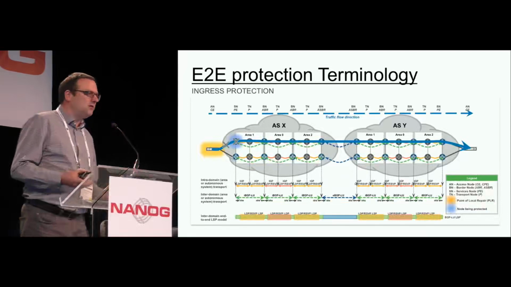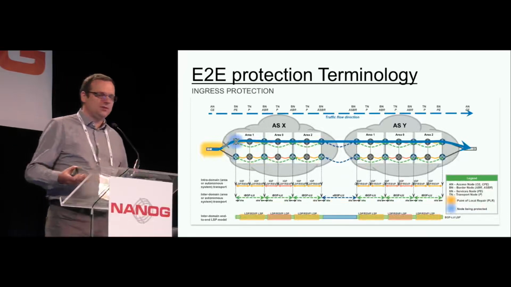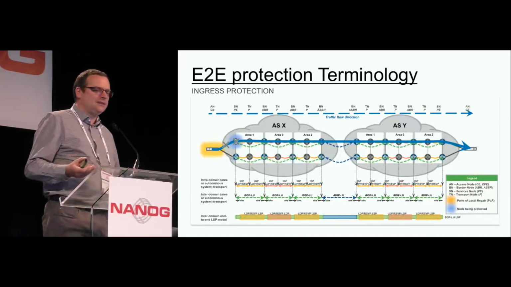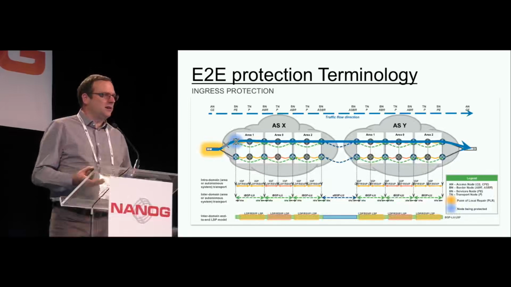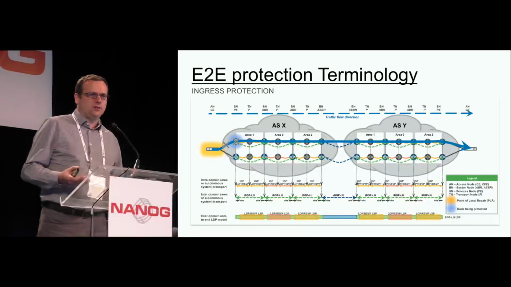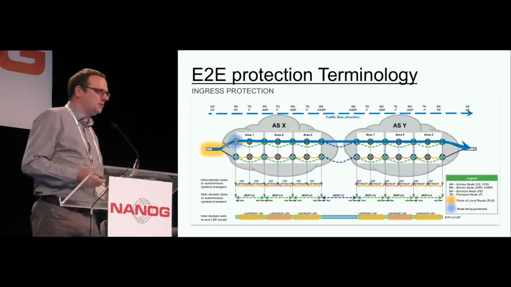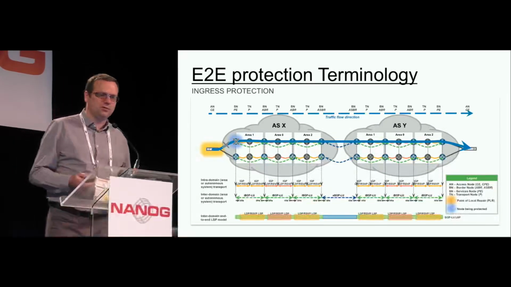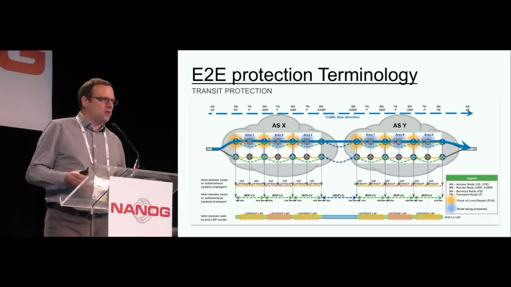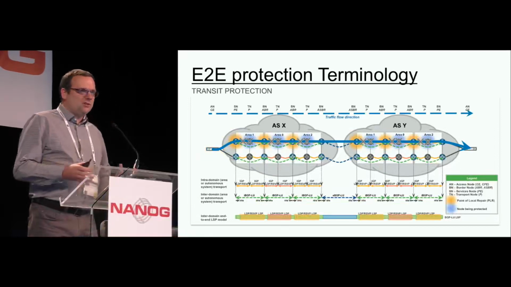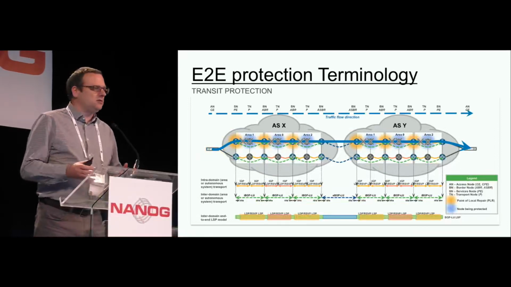Yes, we can define ingress protection. With ingress protection, the access node is trying to protect itself against the failure of the ingress node. When it detects the failure of the ingress node, it switches over to another ingress node. Then we have transit protection, which is against the failure of the transit node and transit links.